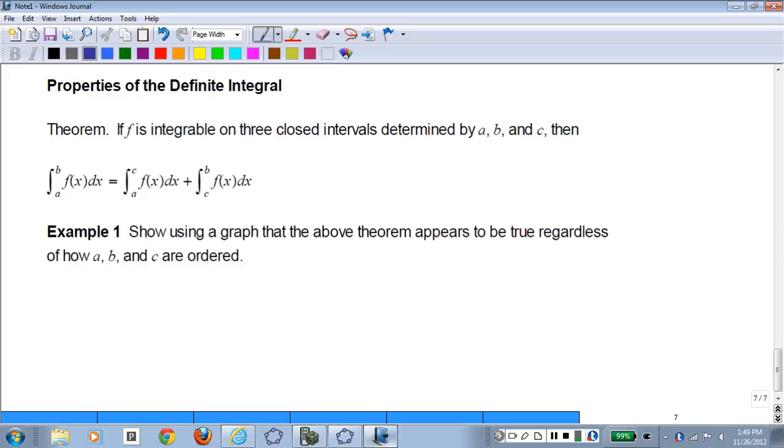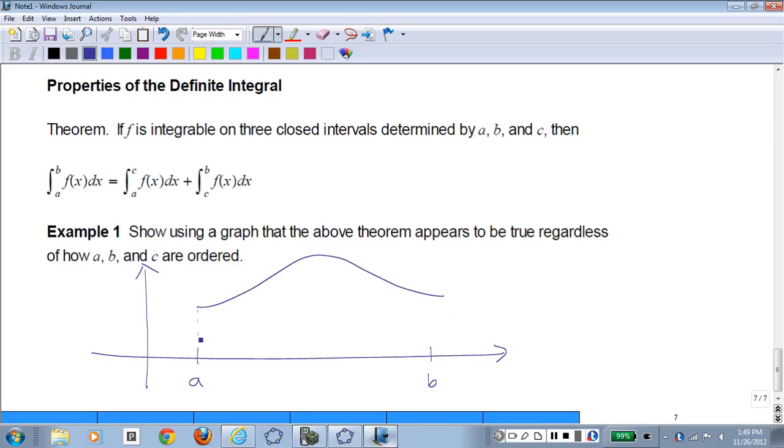So let's look at this picture and see if this makes sense. Suppose we have an a and a b as the endpoints of the interval, and the curve looks something like this. I'm going to put a c in here somewhere. How about right there? I'm going to call this region 1 and call this region 2.